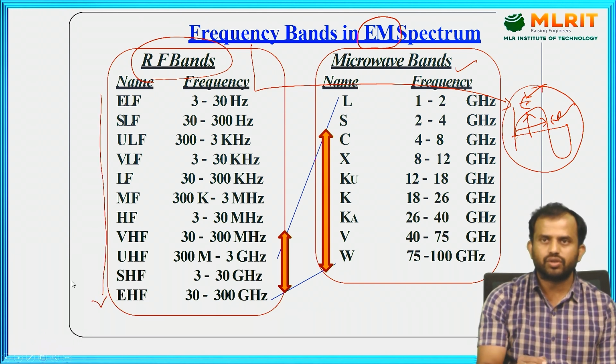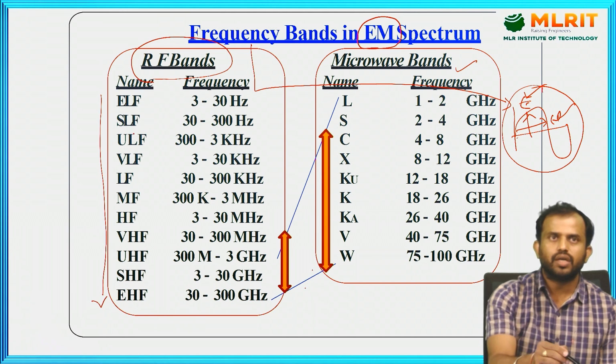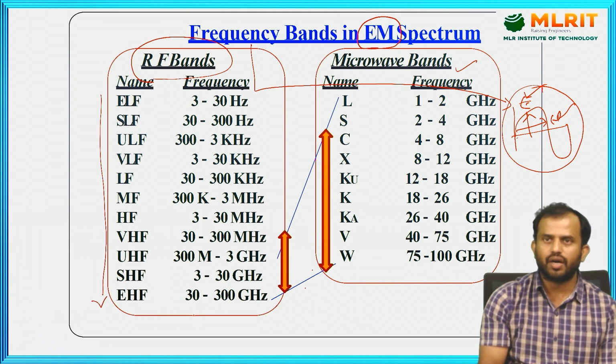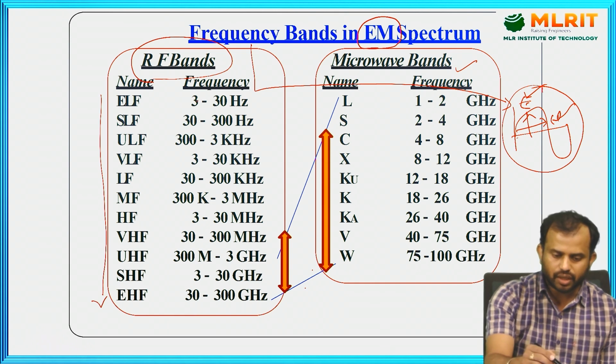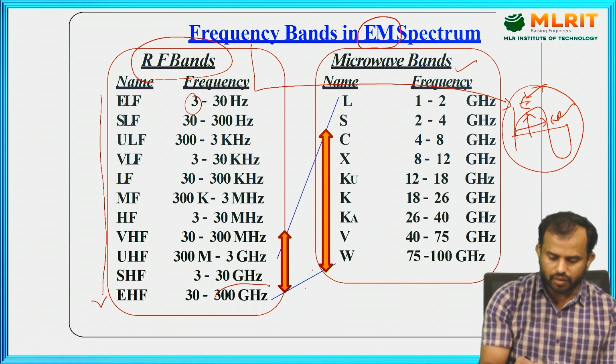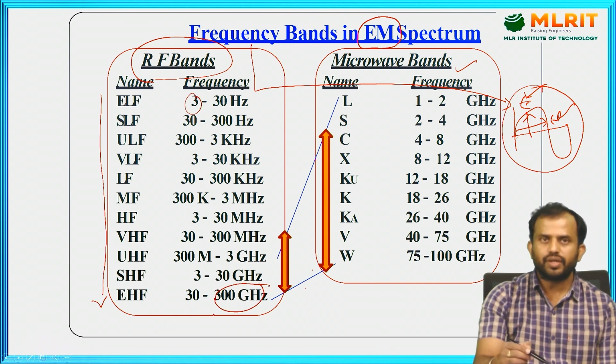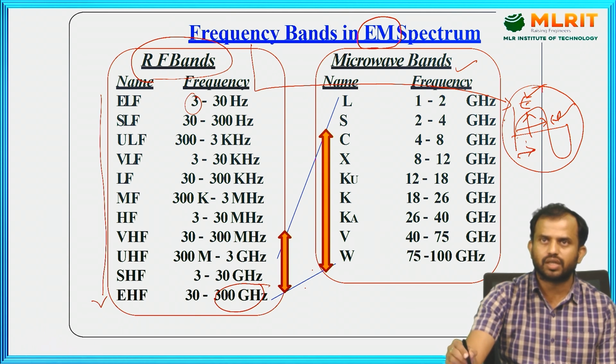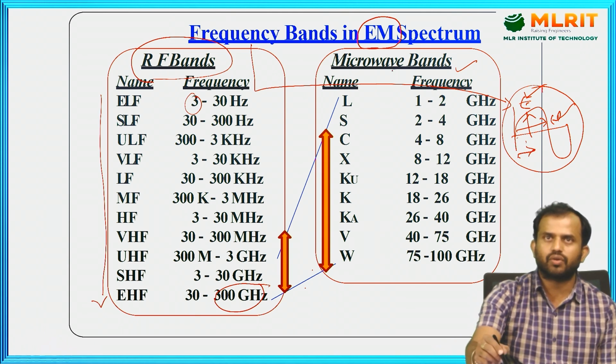Based upon the range of frequencies, we assign them into ranges, starting from low frequency to extremely high frequency, which is from 3 Hz to 300 GHz. Based upon these frequency ranges, we design the respective signals. This signal carries the information in the form of an electromagnetic wave, which means an electric wave and a magnetic wave.